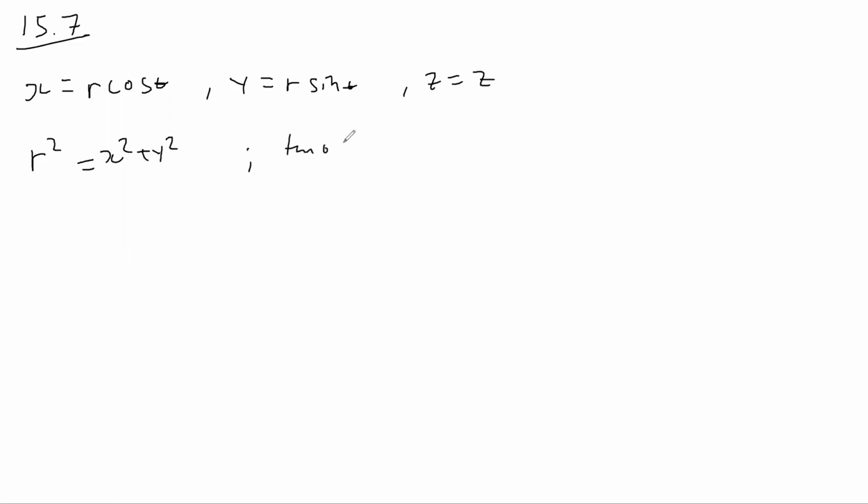We have x equal to r cosine theta, y equal to r sine theta, while z is still equal to z, where r squared is equal to x squared plus y squared, tangent theta is equal to y over x, and finally z is equal to z. I'll be using a lot of these equations for the examples I've pulled up from 15.7.